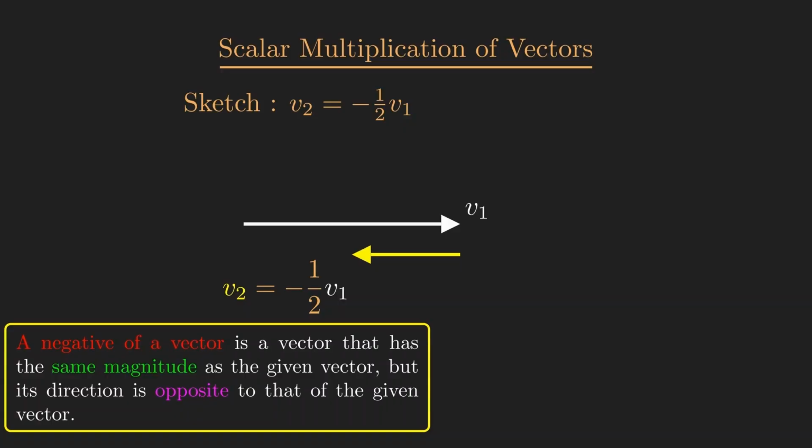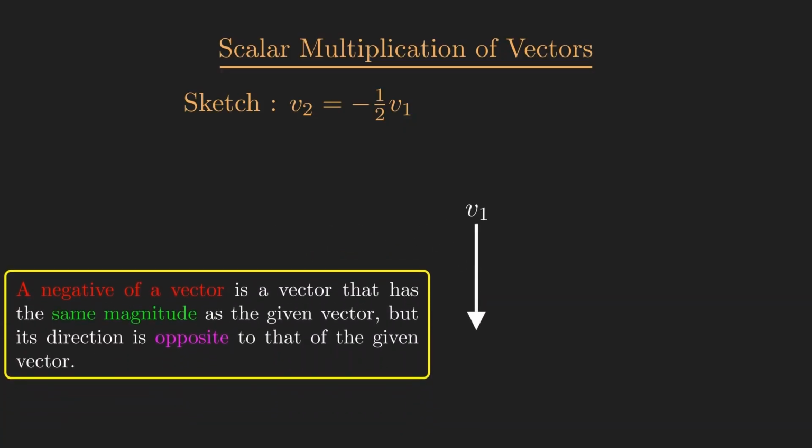Right? Can you try and do the same for this vector v1 there? v1 is pointing downwards. So now what we want to sketch is minus 3 over 2 times v1. Again, I'm trying to work out the minus 3 over 2 v1 given the vector v1 is pointing downwards.